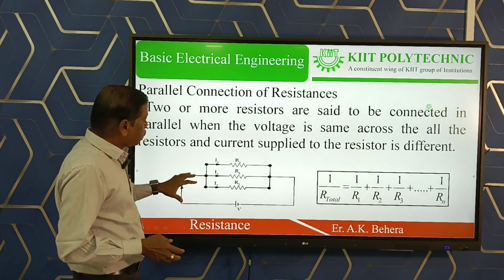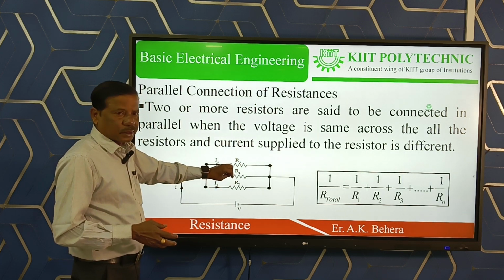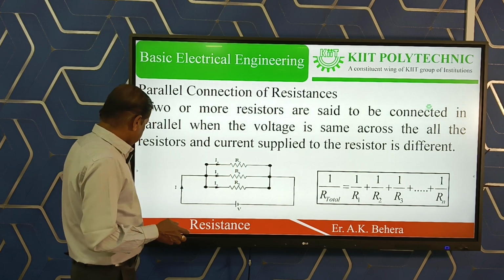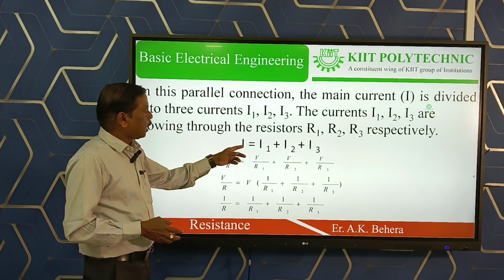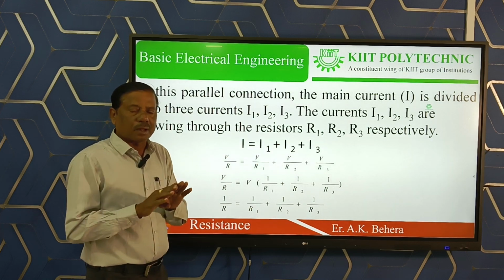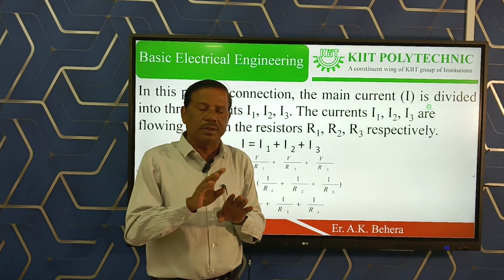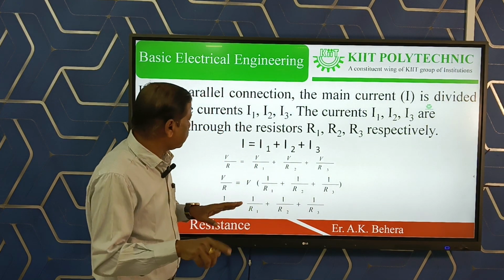In the total circuit, I can make it one circuit, that is R equivalent, but it has a different formula from series. I can write I equal to I1 plus I2 plus I3, because the total current going into the circuit is divided into three paths, I1, I2, I3.